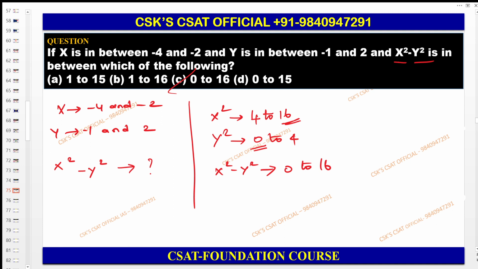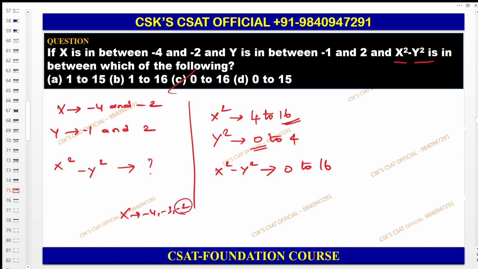Anybody having a doubt? Yes, sir. Where is your doubt? Tell me exactly. Sir, x square 4 to 16. Least one is 4. What is minus 2 square? We can say x is equal to minus 4, minus 3, minus 2.